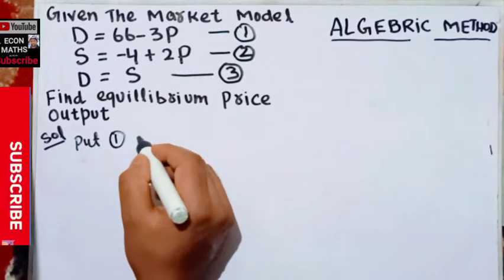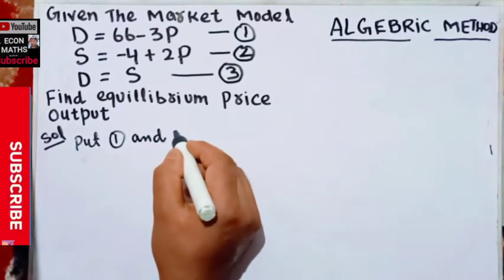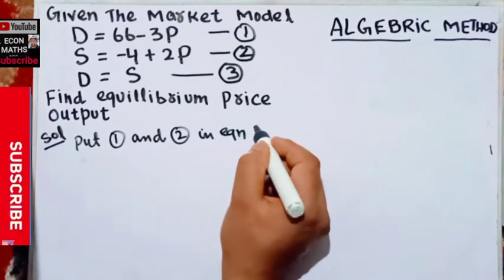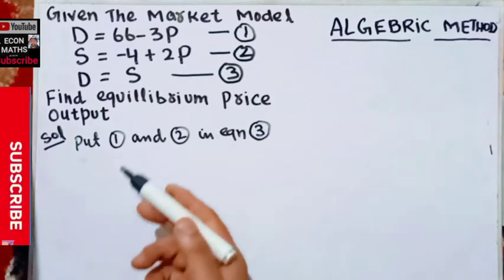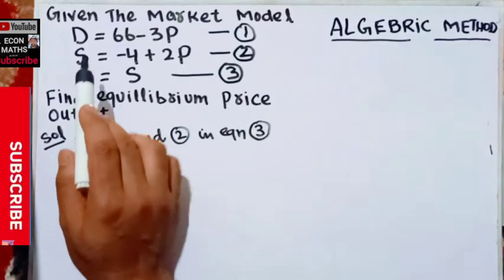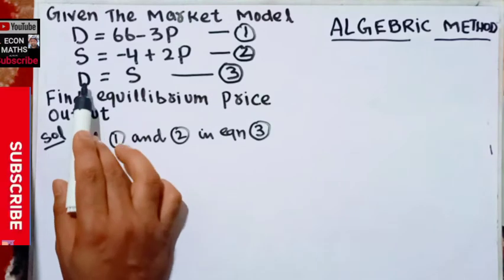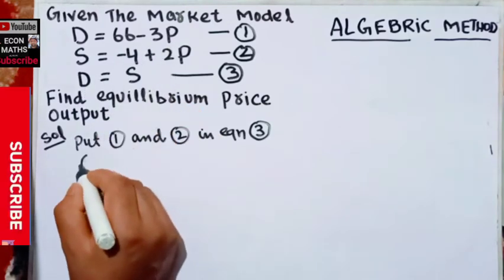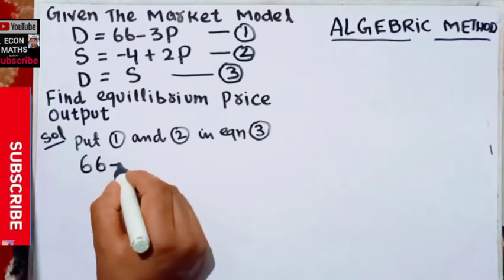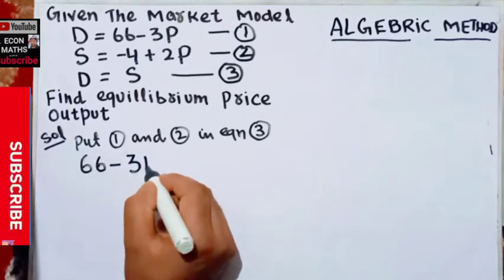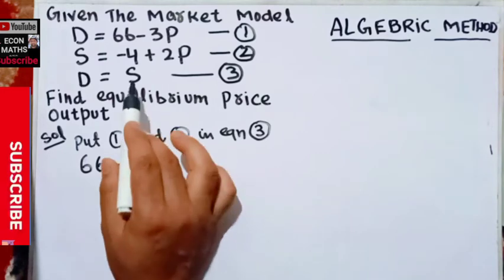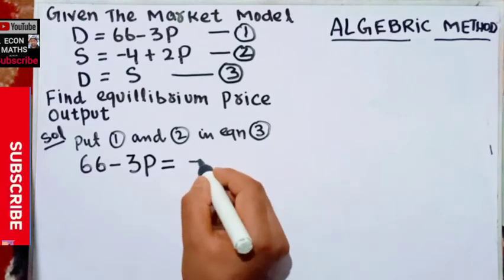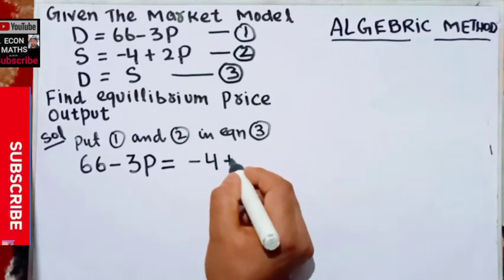Now D is equal to 66 minus 3P, so in place of D I will write 66 minus 3P, which is equal to, now S is minus 4 plus 2P, so I will write minus 4 plus 2P.